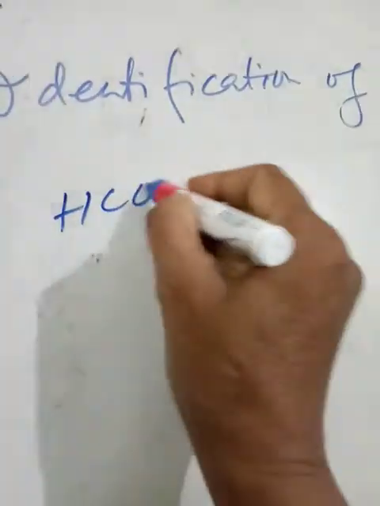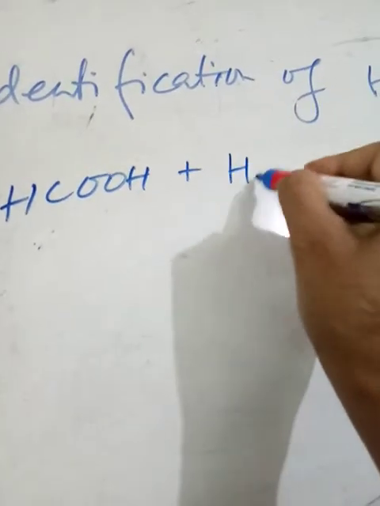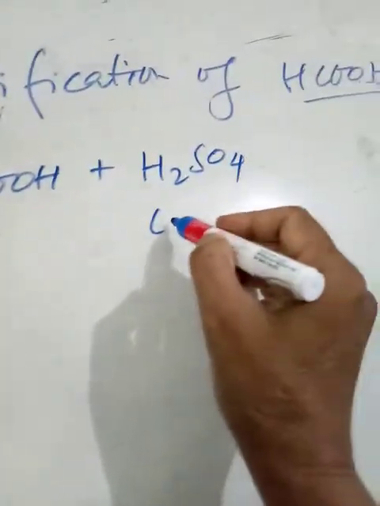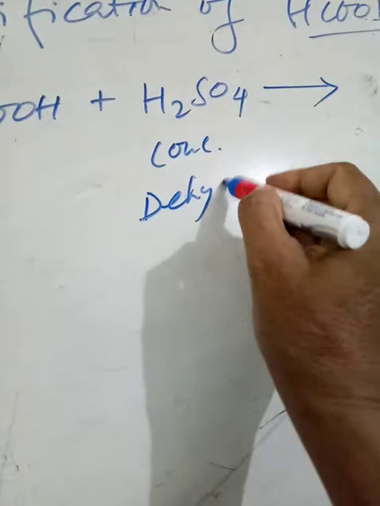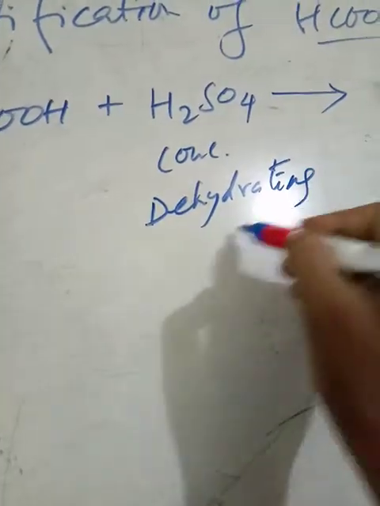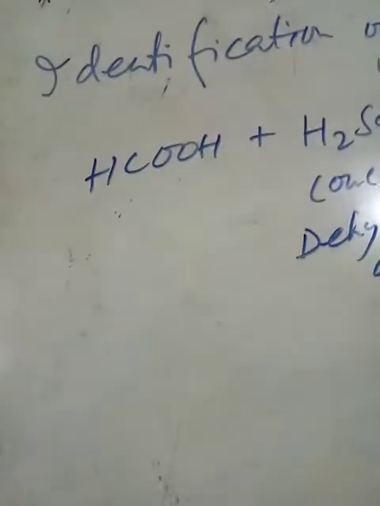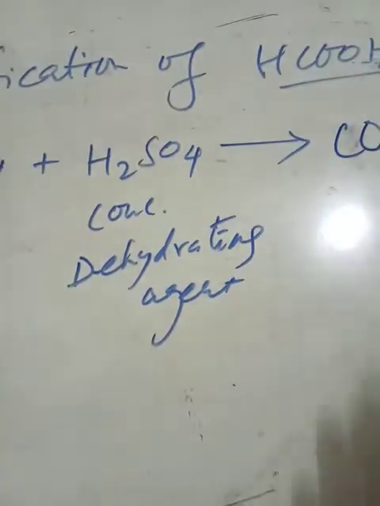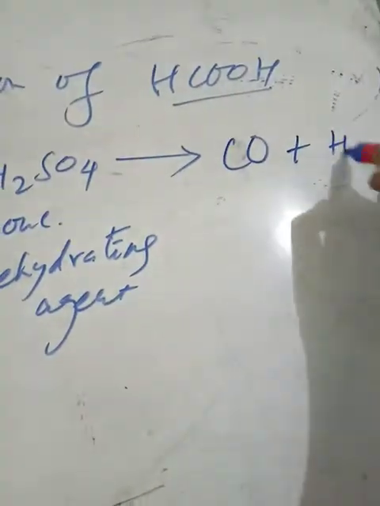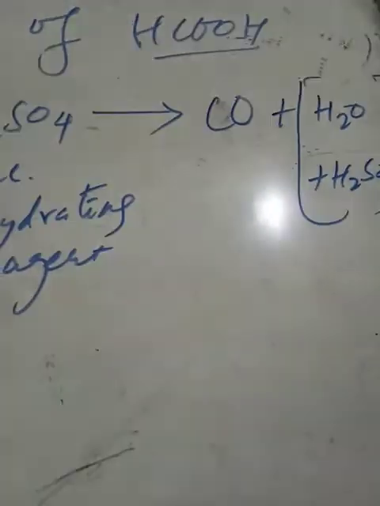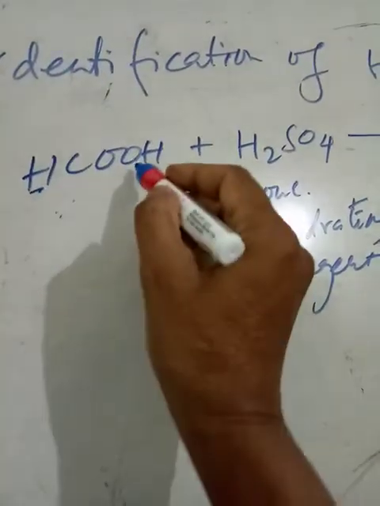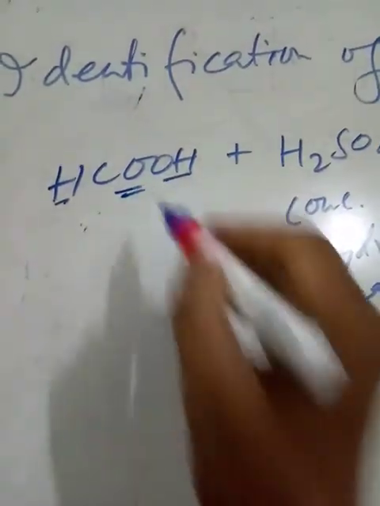If formic acid is mixed with concentrated sulfuric acid and heated at some low temperature, sulfuric acid, a strong dehydrating agent, will absorb water molecules from formic acid, forming carbon monoxide plus H2O plus H2SO4. That means water will be absorbed.